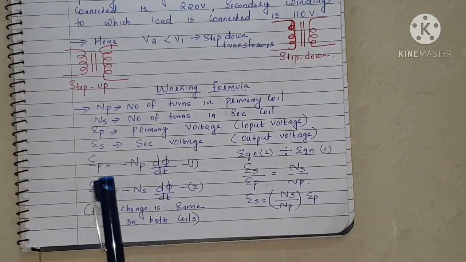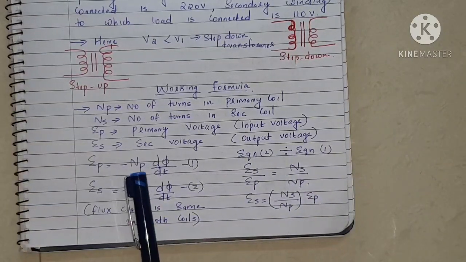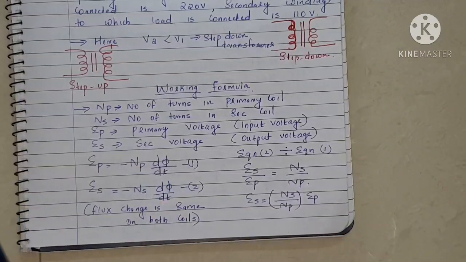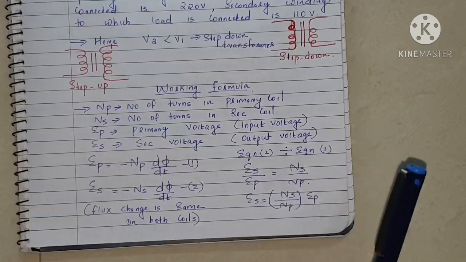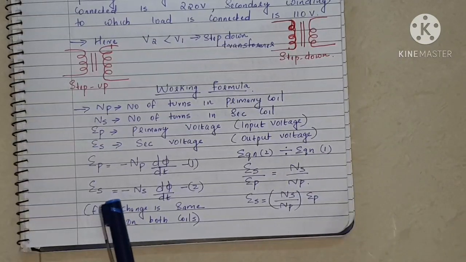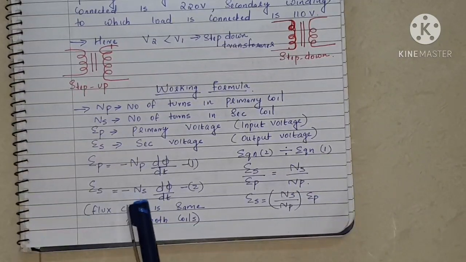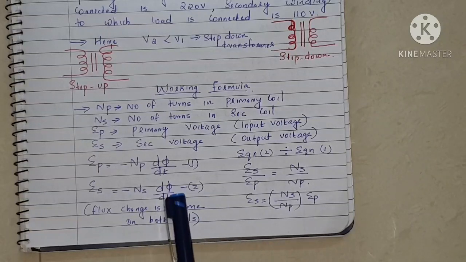EP or VP can be written as minus NP d phi by dt, and ES or VS, that is the voltage on the secondary side, can be written as minus NS d phi by dt. D phi by dt is not changing because the flux change is the same on both coils.